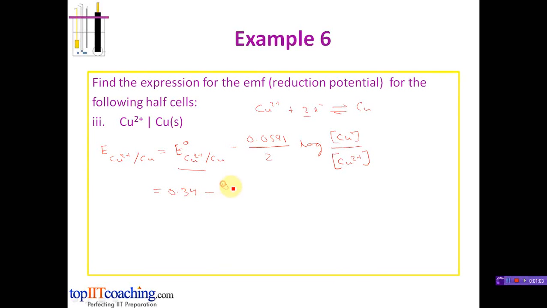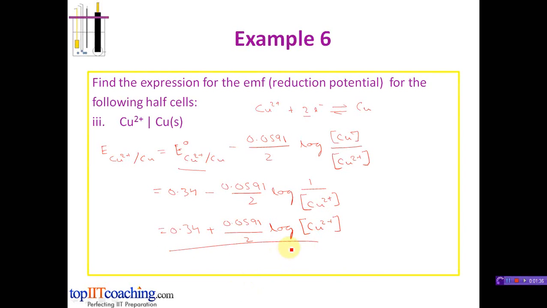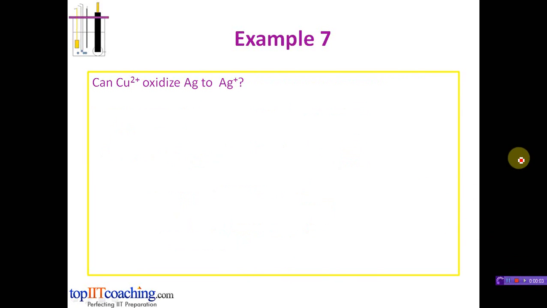This value is 0.34, which is always the same, minus 0.0591 by 2 log 1 upon Cu2 plus, or we can write it as 0.34 plus 0.0591 divided by 2 log the concentration of Cu2 plus. This is the EMF for the given half cell.